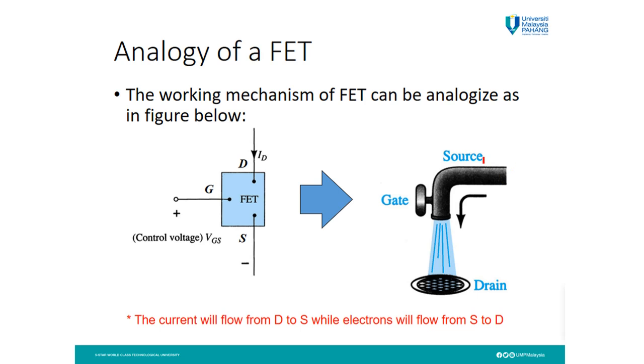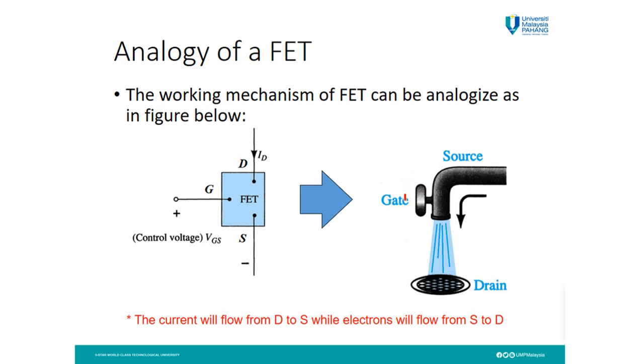Let's say the water tap from the top is the source. The water comes out from the source and goes to the drain, where here the water tap is controlled by pulling this one, the gate. When we close this gate, the water cannot flow from this tap.